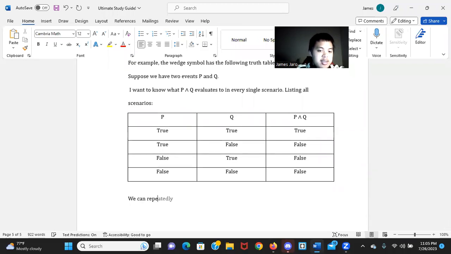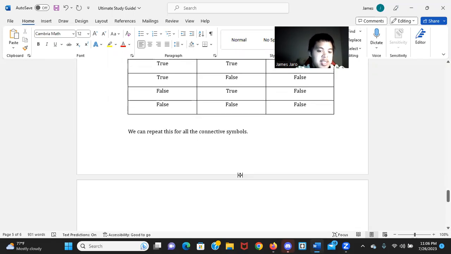And we can repeat this for all the connective symbols. It's not just the case that the and symbol is the special one. Every one of these has to have a truth table. So we'll do the V symbol, which is the wedge.